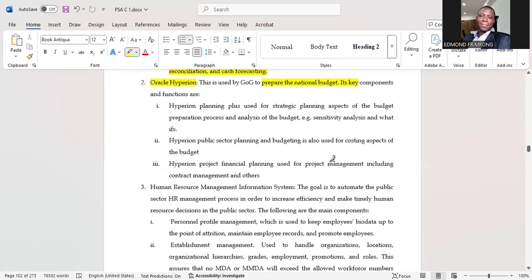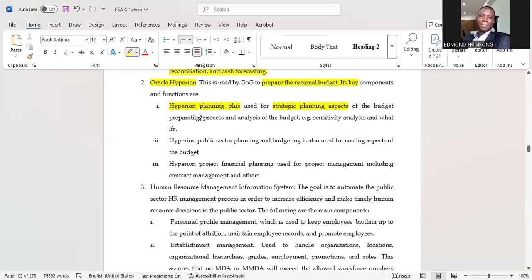It has some components and functions. Let's look at them one by one. The Hyperion Planning Plus is used for the strategic planning aspect of the budget preparation process. So you see, the budget is there, but the strategic planning aspect of it is with the Hyperion Planning Plus.